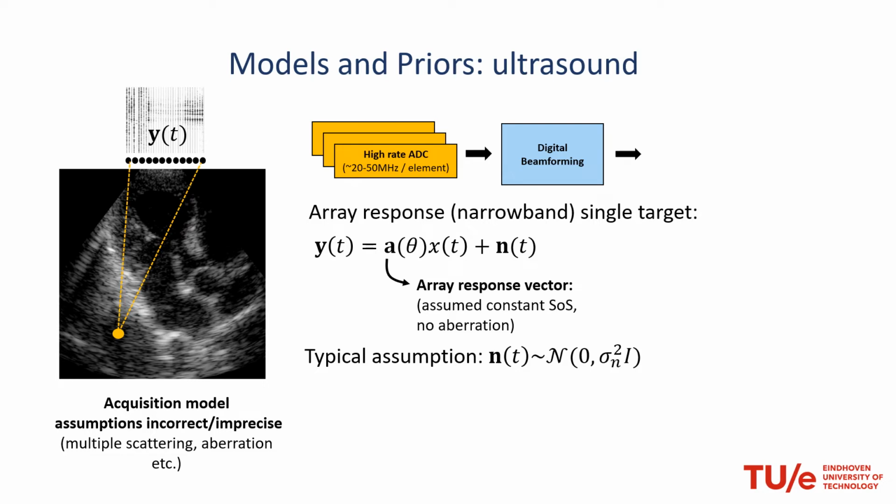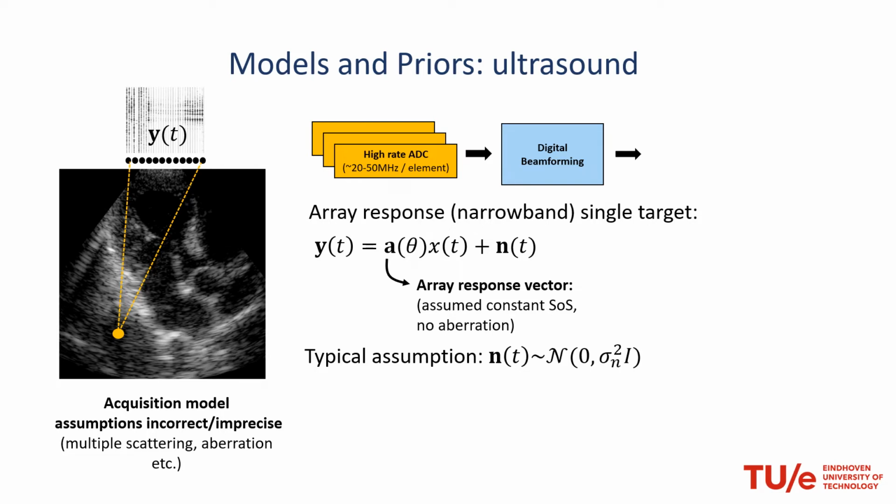Let's take a couple of assumptions: a narrowband, single target, so a single source that is transmitting echo waves after we insonified it with a pulse. Then the array response that you would get off that single target would be y(t) = a(θ)x(t) + n, where y is the measurement, a vector that measures samples over time.